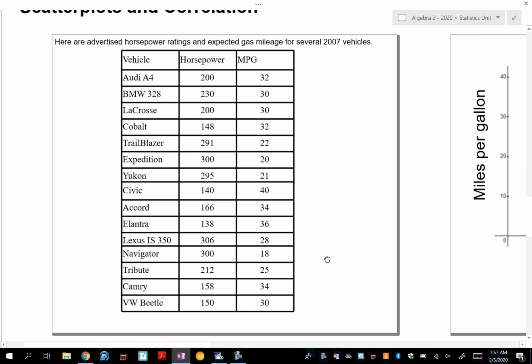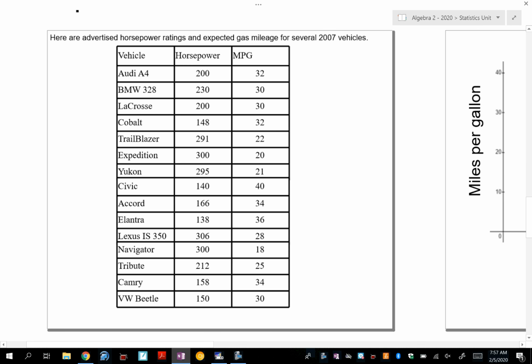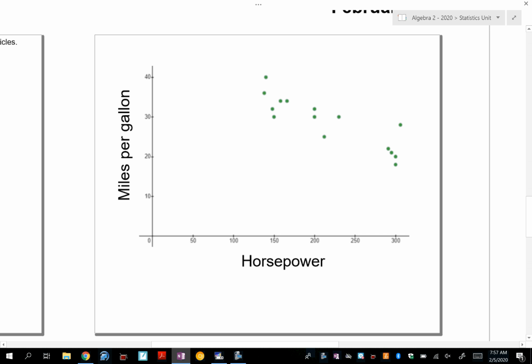All right. So, I've given here a table of data where we have vehicles, their horsepower, and then their gas mileage. All right? So miles per gallon. I've also given you a scatter plot.